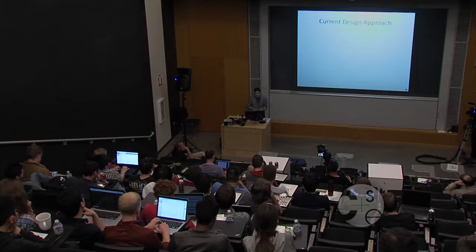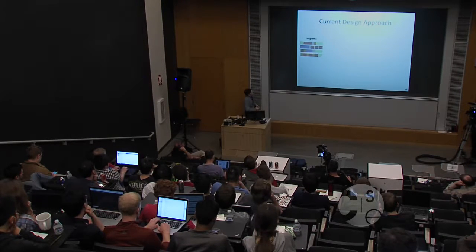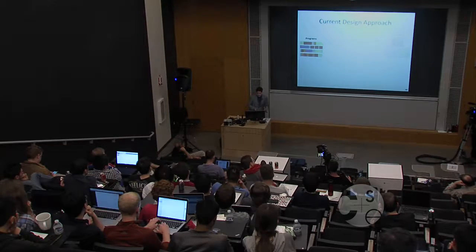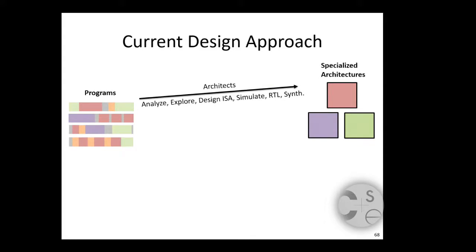So I explain the way that we're currently doing design like this. Basically, anytime we want to build a specialized architecture, an architect is going to look at the programs that are very important, do analysis, exploration, perform design, build the ISA, implement, and finally we'll come up with some specialized architecture. But we're not even done yet, because these specialized architectures get performance by just getting rid of existing ISAs and exposing their own internal resources.